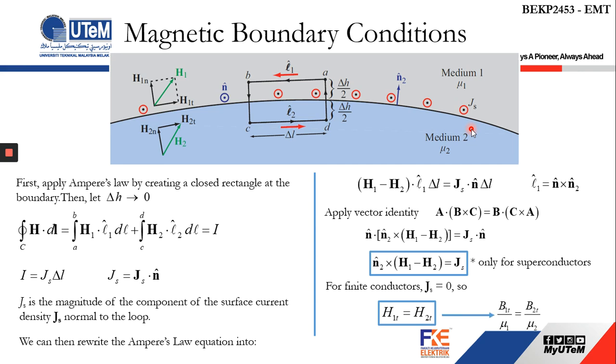Okay, by extension, we can calculate from the magnetic field strength the magnetic flux density. So the tangential component is actually a ratio also: B1 tangent divided by mu1 equals B2 tangent divided by mu2, or B1 tangent divided by B2 tangent equals mu1 over mu2. Right.